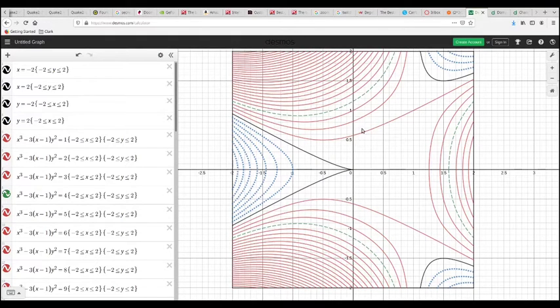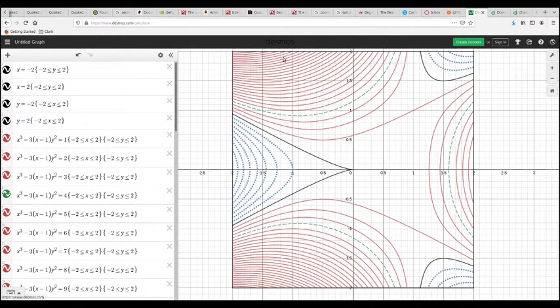The other solid lines, which are red, correspond to positive values of the function. So this curve right here corresponds to the value of 1. This one corresponds to the value of 2. This one corresponds to the value of 3, and so on and so forth.